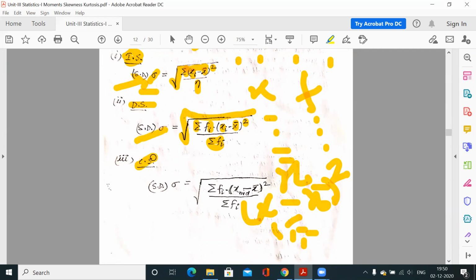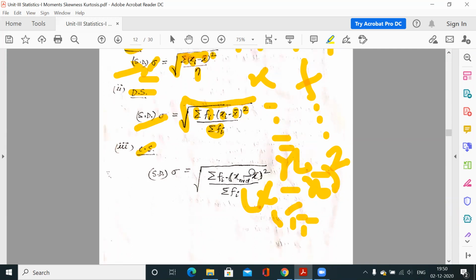Now for a continuous series, that means the x values are given in terms of intervals, again you need to know first the x bar, that is the arithmetic mean. I know that you know how to calculate the arithmetic mean for a continuous series. Calculate that, take the difference, because now the x is not a single point, it is an interval.